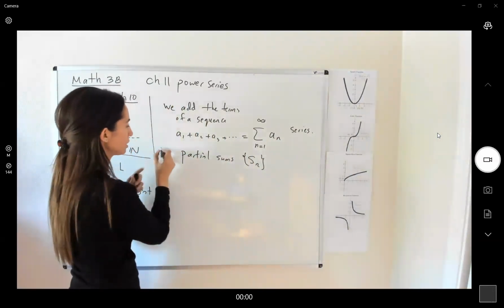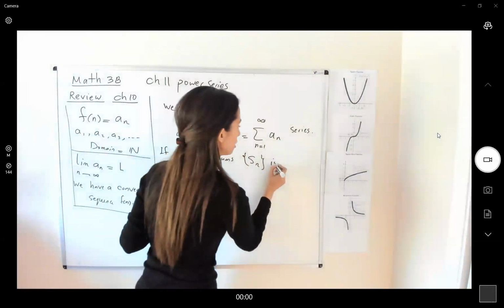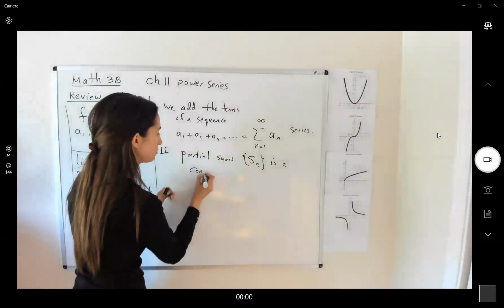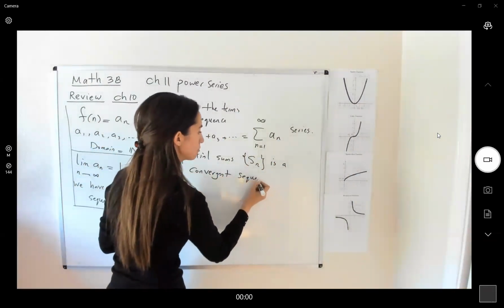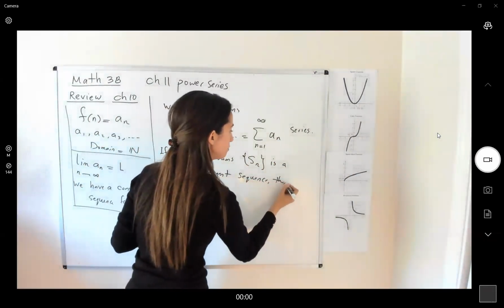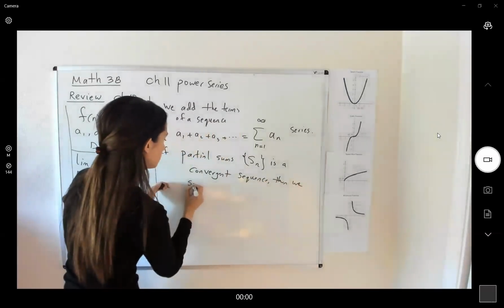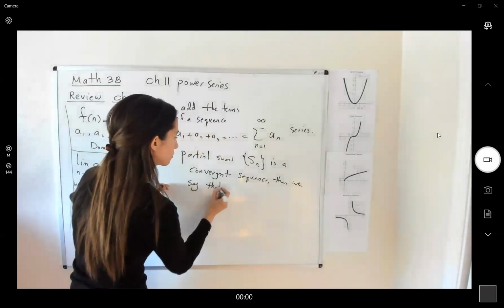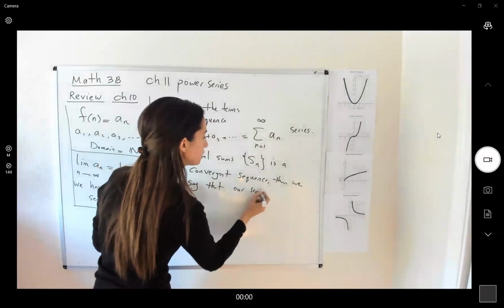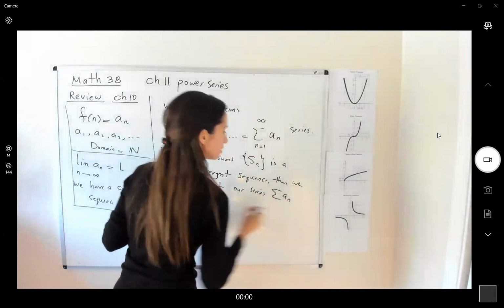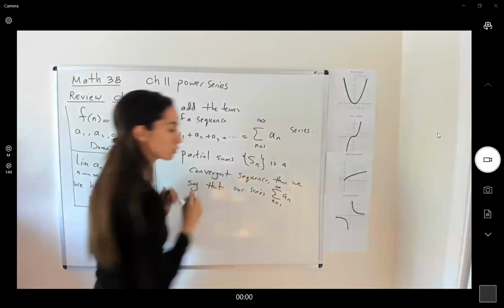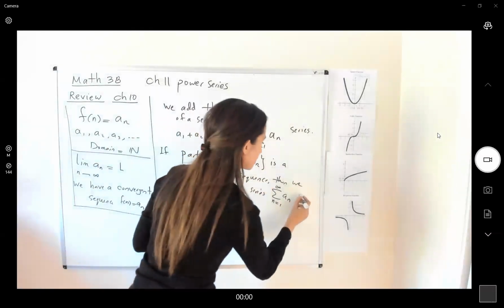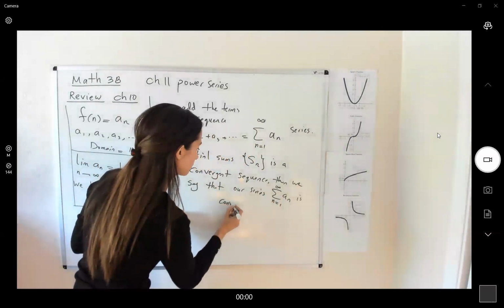So if the partial sums form a convergent sequence, then we say that our series, the sum of a sub n from 1 to infinity, is a convergent series.